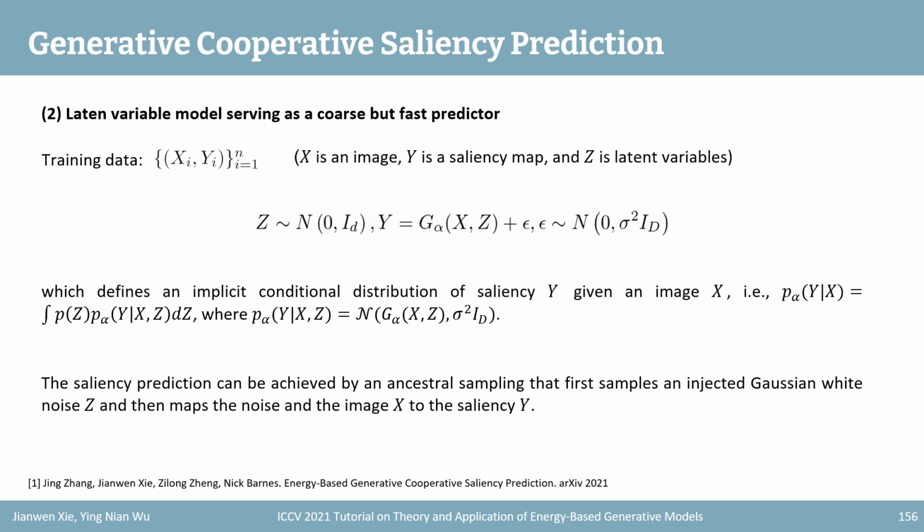On the other hand, the latent variable model defines an implicit conditional distribution of saliency Y given an image X. The saliency prediction can be achieved by an ancestral sampling, by first sampling a Gaussian noise Z and then transforming the noise and the image X to the saliency map Y. Since the ancestral sampling is a direct mapping, it is faster than the iterative Langevin dynamics.